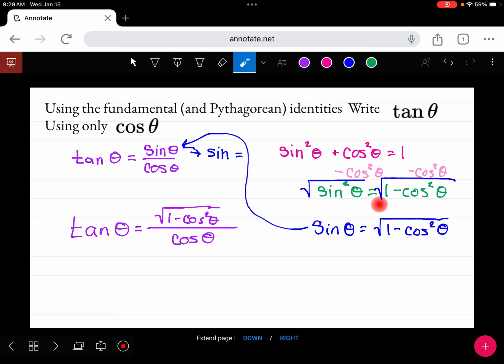This guy? Which piece? The pink part? That's one of our Pythagorean identities from yesterday, where we had our sine squared plus cosine squared equals 1, our 1 plus tangent squared equals secant squared, and our 1 plus cotangent squared equals cosecant squared.